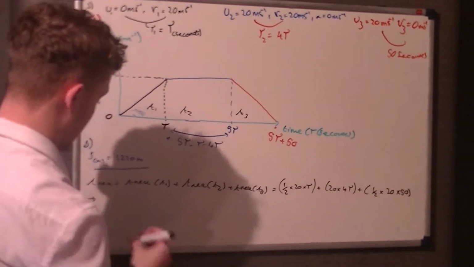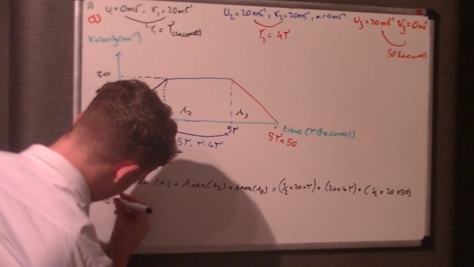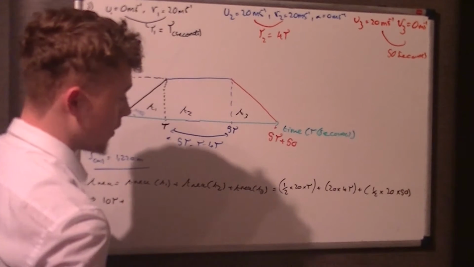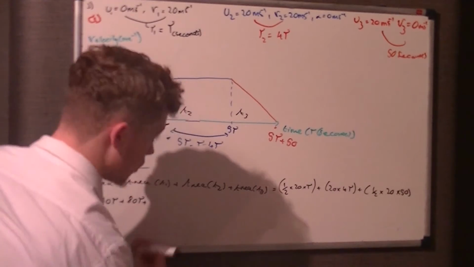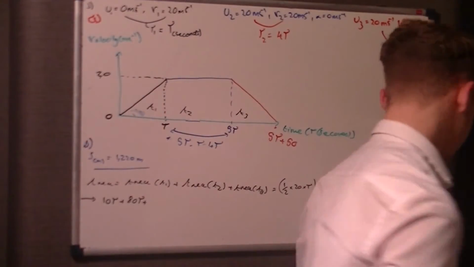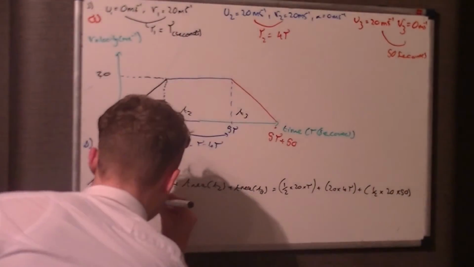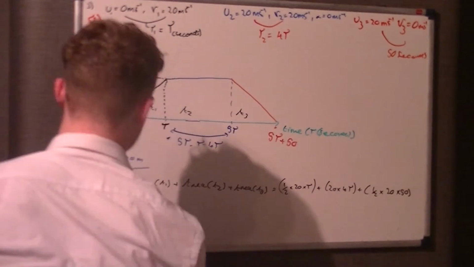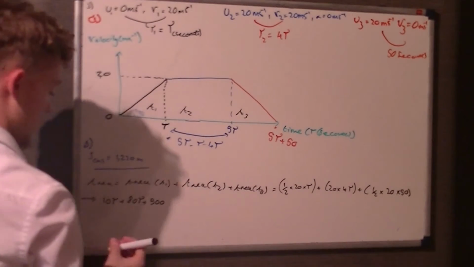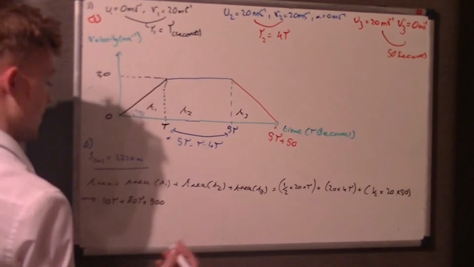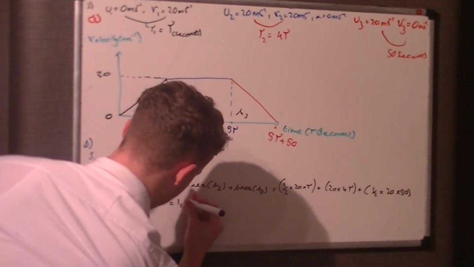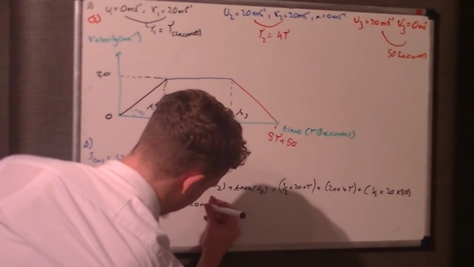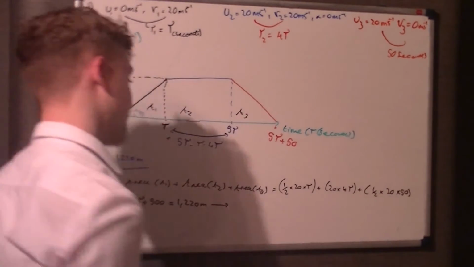half times 20 times t is 10t, plus 20 times 40, that's plus 800, plus a half times 20, which is 10, times 50 is 500. And we say 10t plus 800 plus 500. Now that's obviously 10t plus 1300, but we say that is equal to 1,220 metres. So we simplify this down.